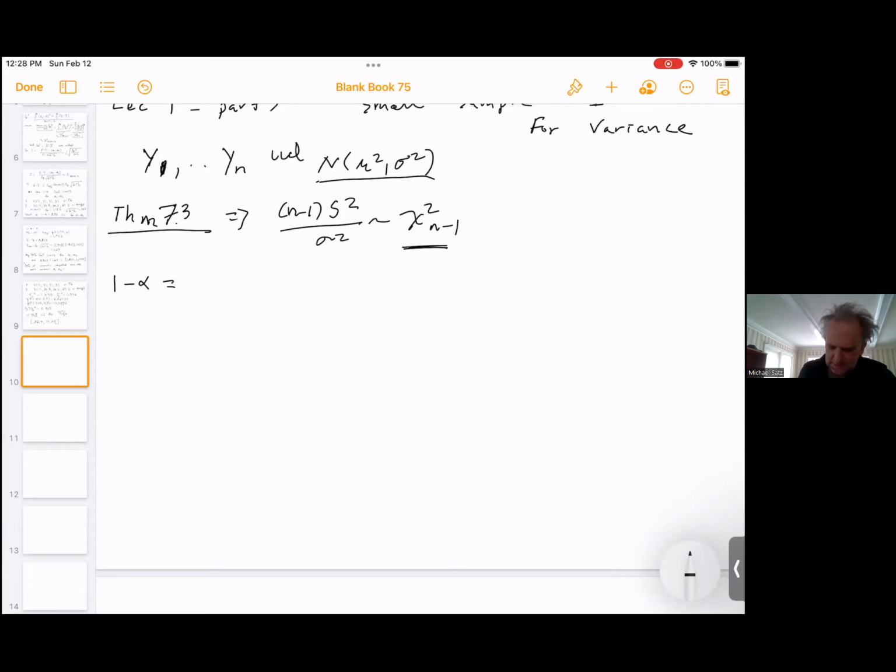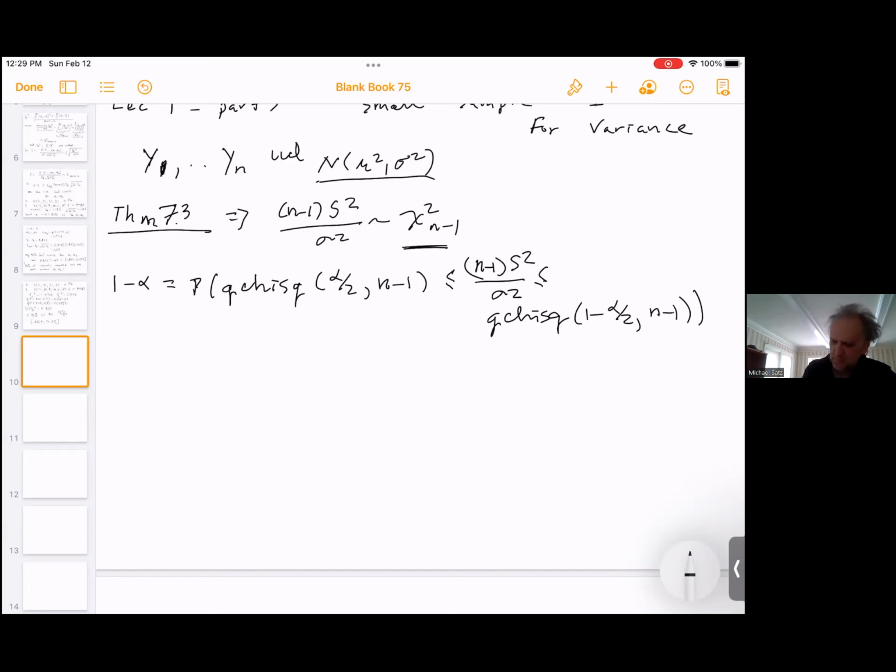If I split this, the probability that q chi squared alpha over 2, n minus 1, the alpha over 2 quantile for chi squared with n minus 1 degrees of freedom, is less than or equal to (n minus 1) s squared over sigma squared, less than or equal to q chi squared 1 minus alpha over 2, n minus 1.